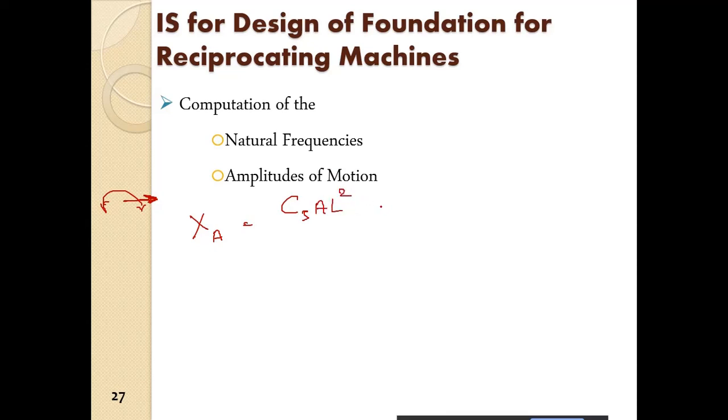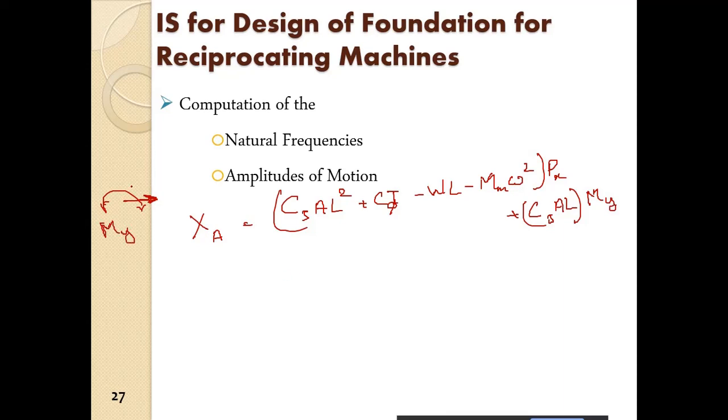So a l square plus c phi I, minus w l minus square, whole into Px plus c tau a l into My. So My is the moment applied about the y-axis, and Px is the force along the x-axis.